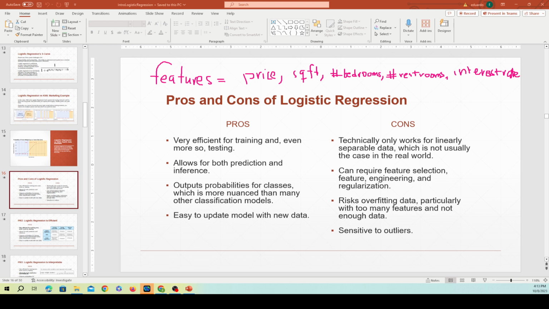So some of those are the features, the data you want to collect to help you determine if you're going to buy a house or not. So these are the features.